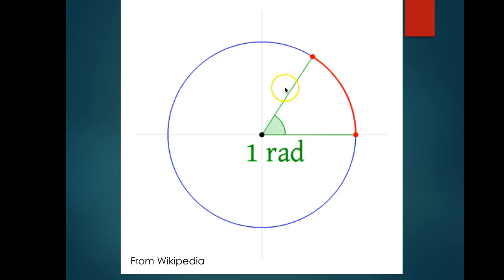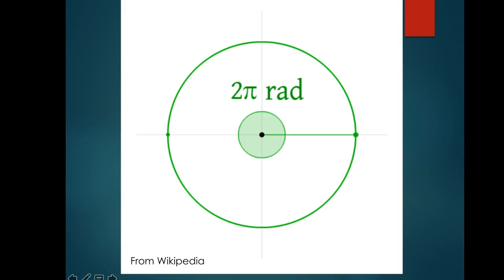Then if we fill in the circle, we get that half the circle is pi radians, and a full circle would be 2 pi radians. You're welcome to rewatch any of these segments if they help you understand it.